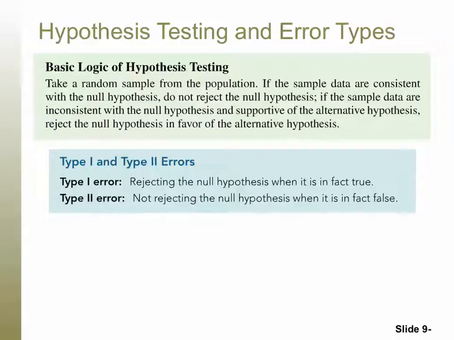So the type 1 error is rejecting the null hypothesis when we shouldn't have. I'm going to change this, it's not well worded. Because we don't say it's true.